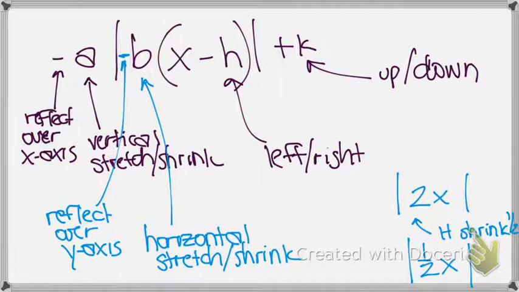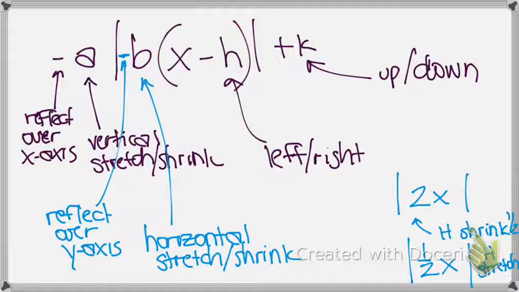The opposite is what it's actually doing to the graph. So if it's a 1/2 inside, it's actually a horizontal stretch. All right. What helps me keep sane on those things is that everything on the inside is the opposite. Always. If it says plus h, you're actually minusing h. If it says minus h, you're actually plus h.